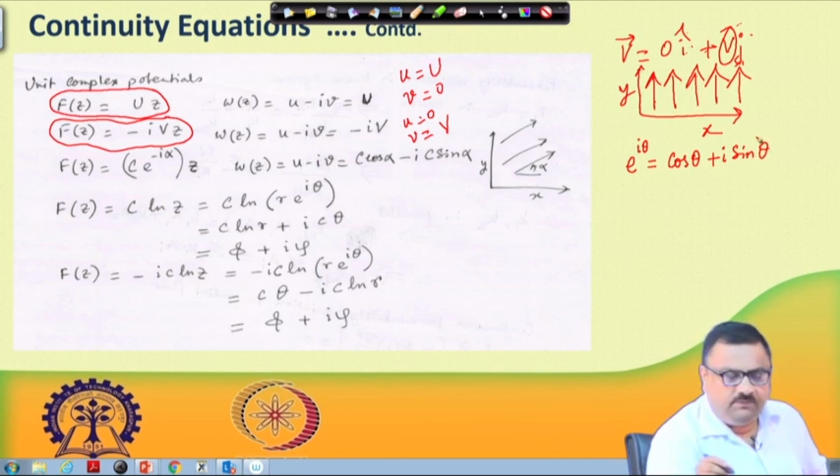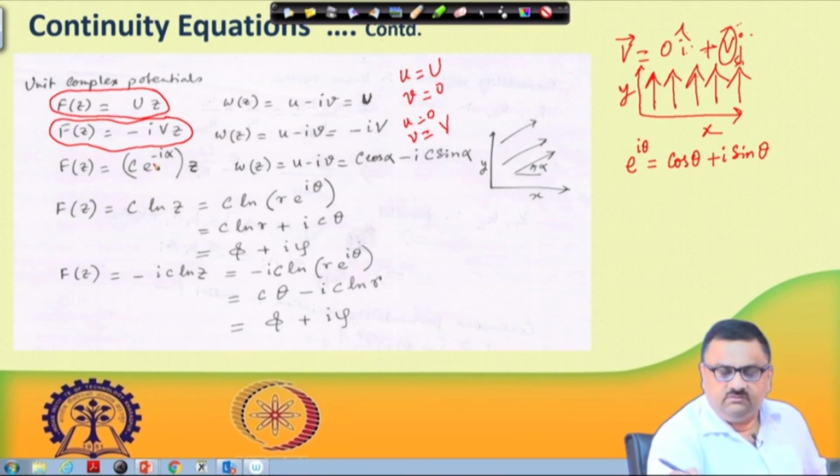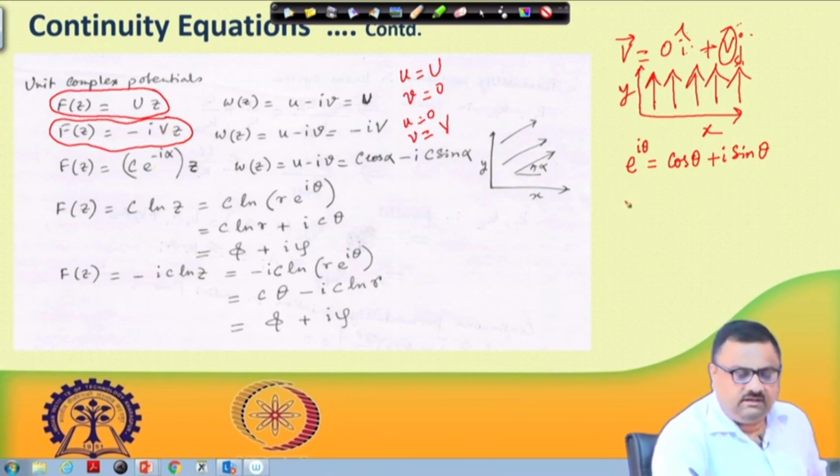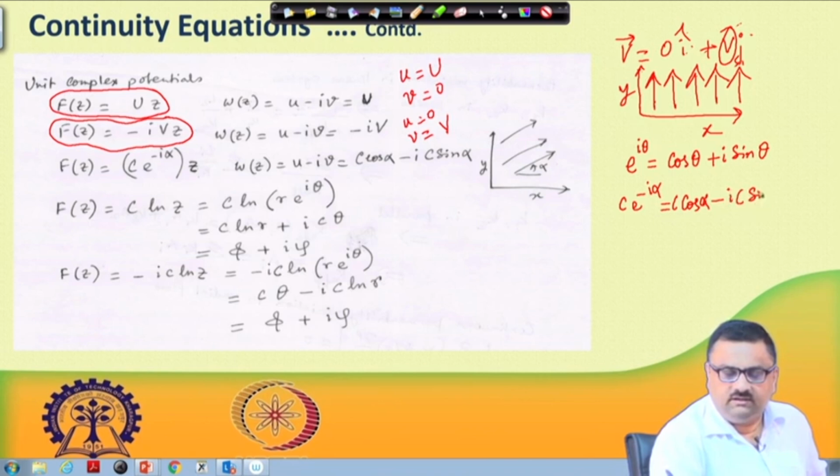So, when we take the derivative with respect to z, it would be c e to the power minus i alpha. You can write this as c cos alpha minus i c sin alpha.